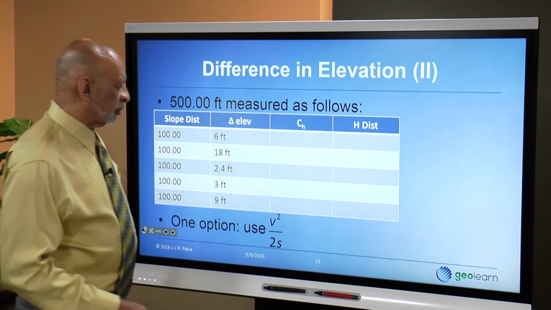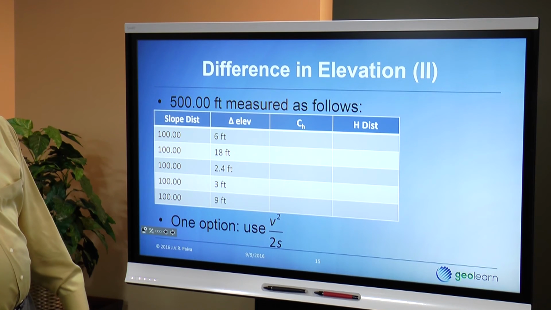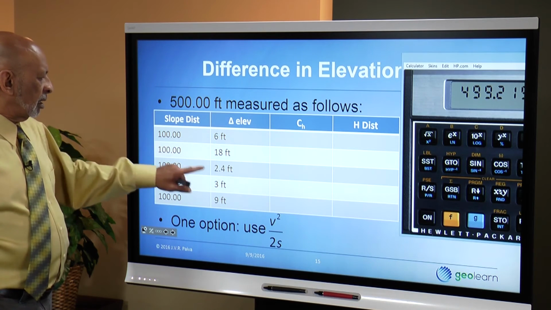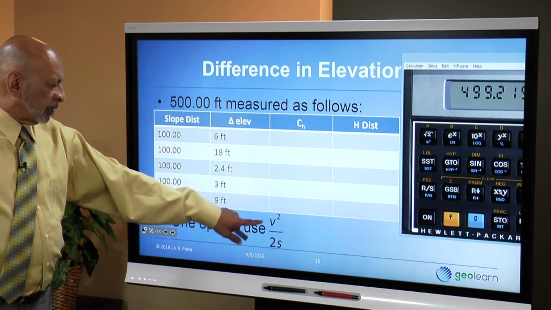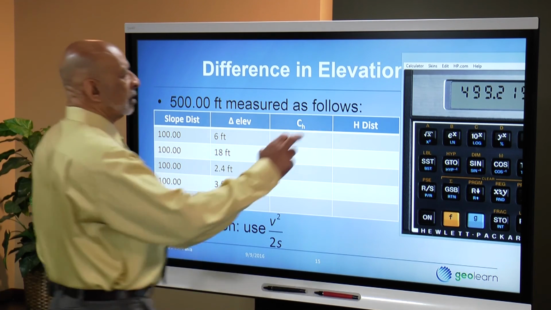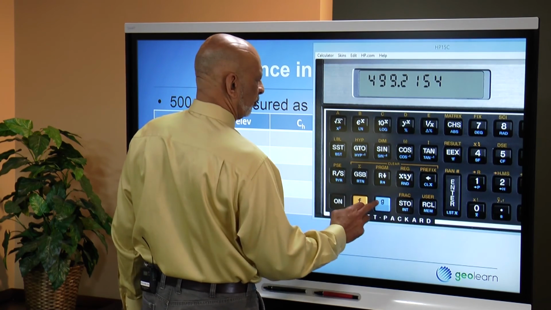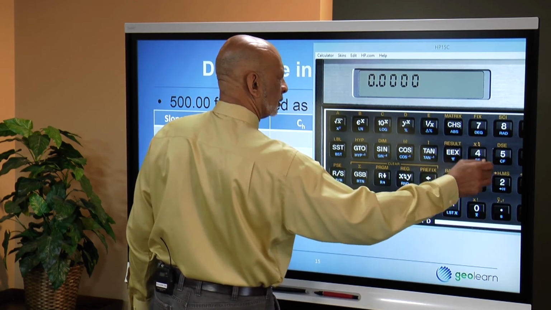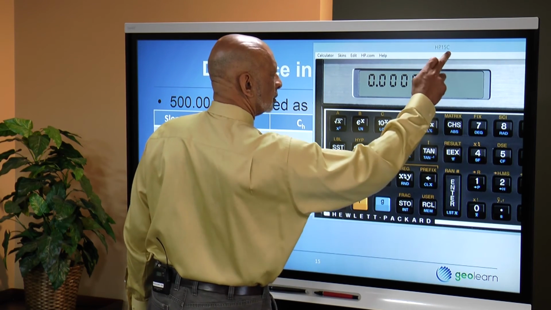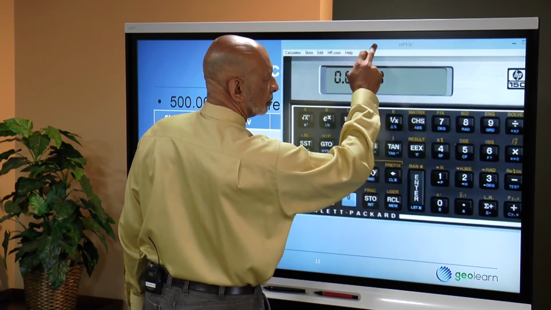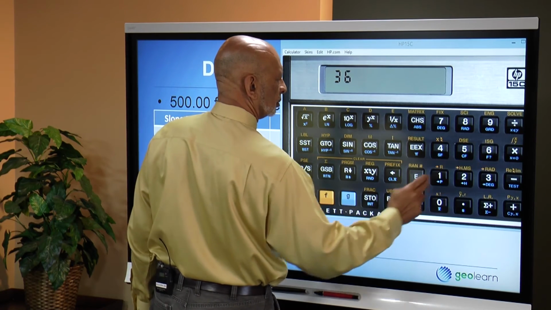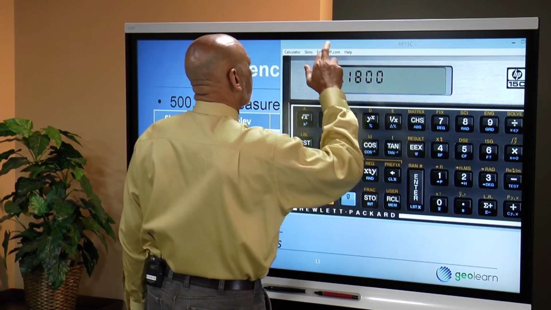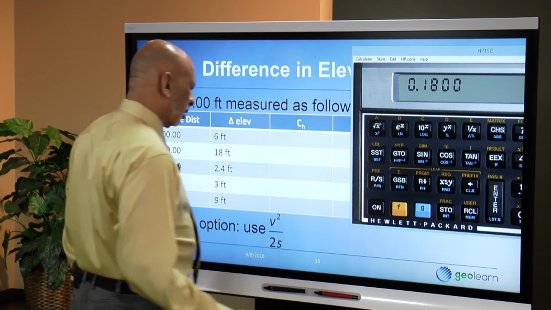So in this case, let me bring up the calculator. We would take 6 and we square it. So that's 36 divided by 200. And I get 0.18.